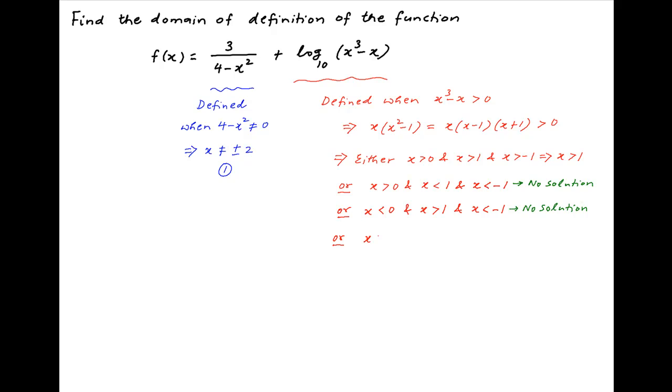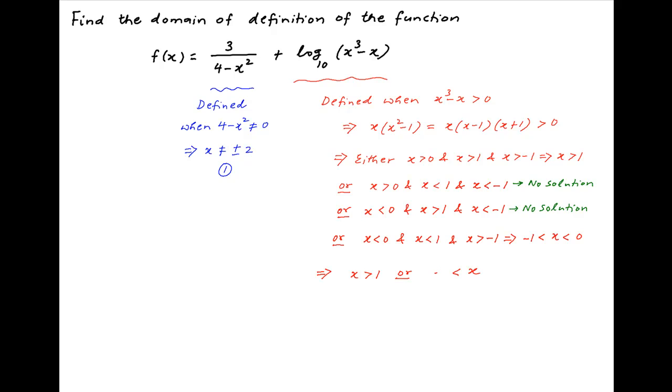The next scenario is that x is negative, x minus 1 is also negative, so x is less than 1, and the third number is positive, so x is greater than minus 1. All of these conditions are satisfied when x is greater than minus 1 and less than 0.